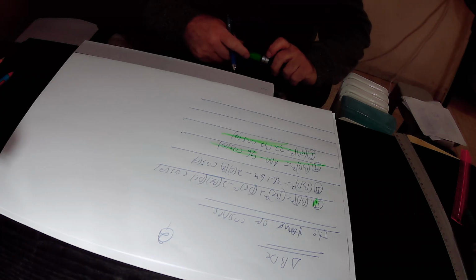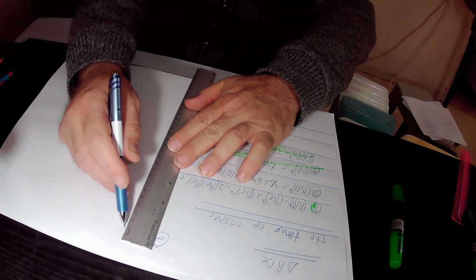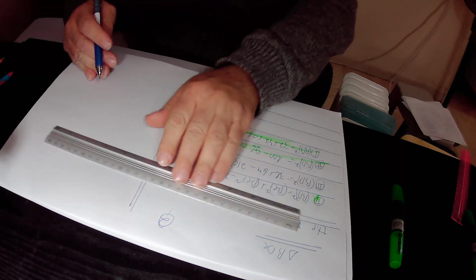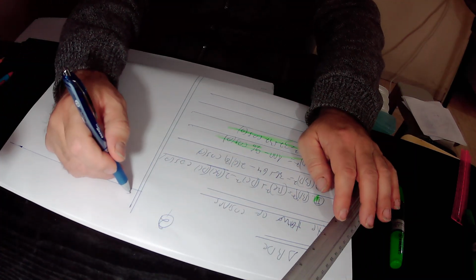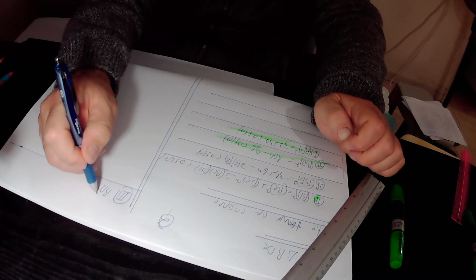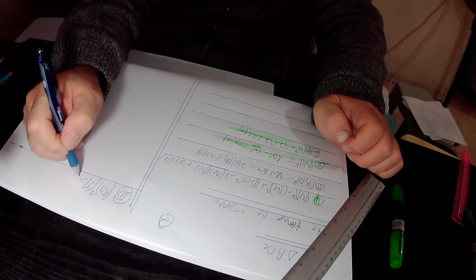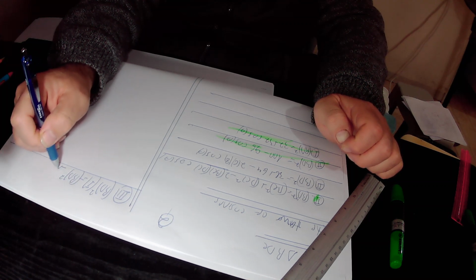Therefore, we get equation 3. That states that BD square according to equation 1 must be equal to BD square according to equation 2. Very simple equation.